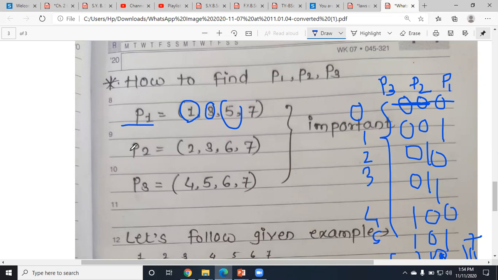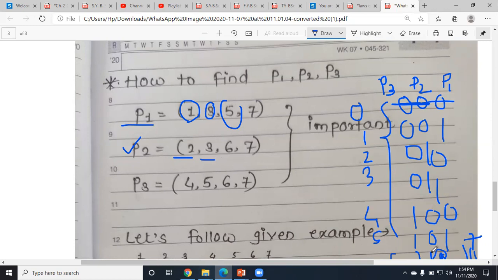Now, how to find the positions for P2? Okay, for P2, we are going to consider the middle column. Wherever there is 1, we have to take that place. So at the second position, I have 1, so I'll take my first bit as 2. After 2, there is 3. After 3, there is no 4, there is no 5.